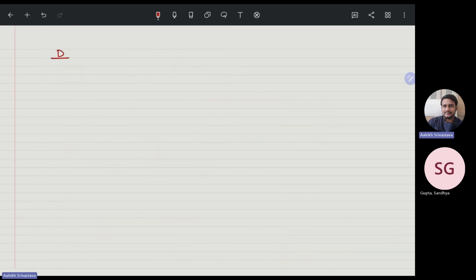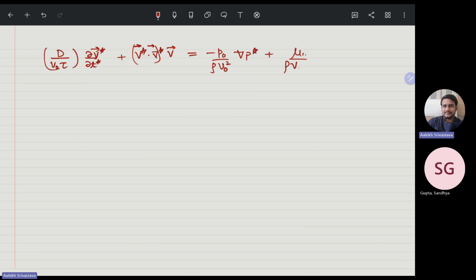We will write it in a vector quantity: d by v0 tau del v bar by del t, and this is all non-dimensional, plus v non-dimensional dot del v, together as a vector, is equal to minus p0 by rho v0 square gradient of p star plus mu by rho v0 d times the Laplacian of the velocity vector, and it is a non-dimensional term.